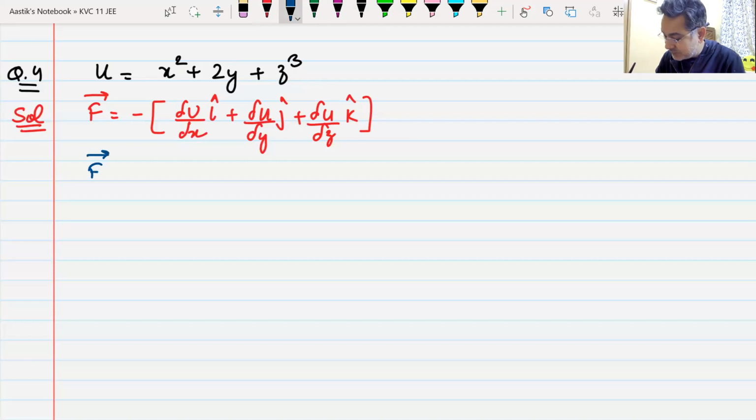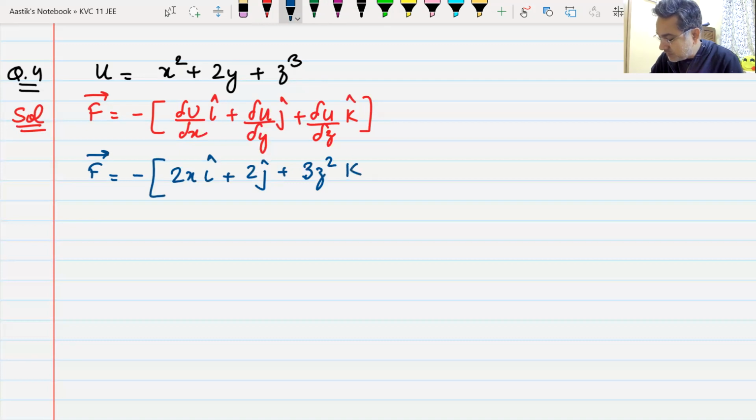The force vector would be equal to minus, let me take it out, 2x i plus 2 j, derivative of 2y is 2 with respect to y, plus 3z square k, and that is the answer, my dear friends. Everyone got this, yes or no? So this is how you find out force from the energy function.